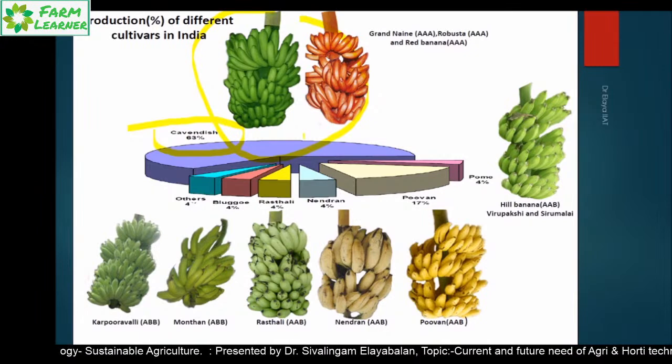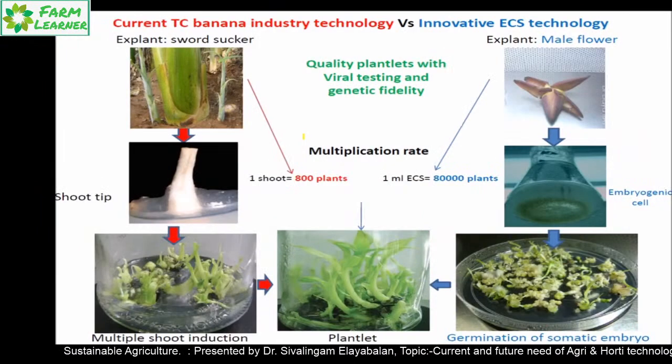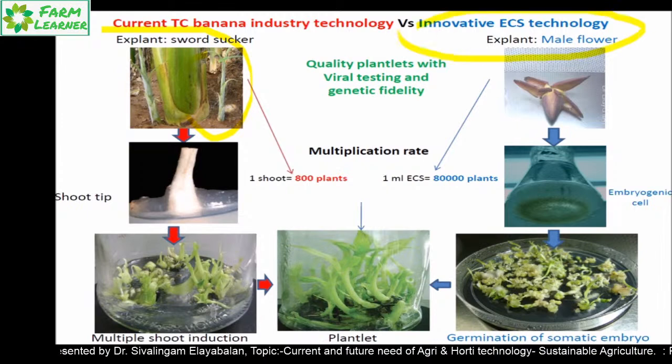So how can innovative technology, biotechnological tools, help mankind? Conventionally the farmers do sucker cultivation, also the stereotype culture. Now with innovative technology, one cell line initiated can make 80,000 to 1 lakh plants.